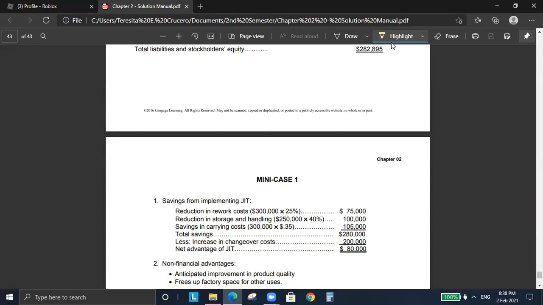Now, when I had the PowerPoint presentation, mention was made that the JIT system is applicable if your supplier is near.